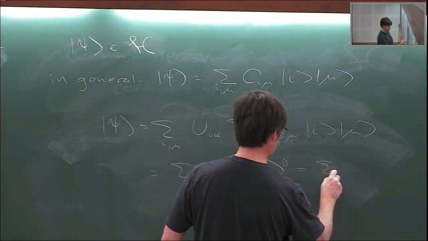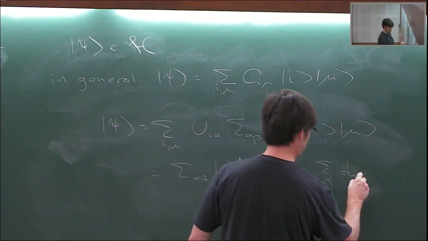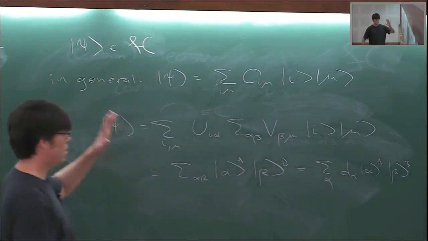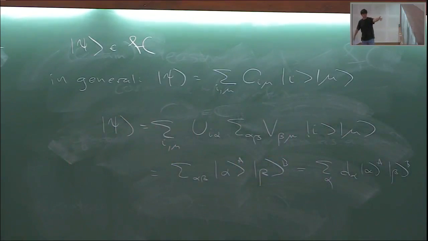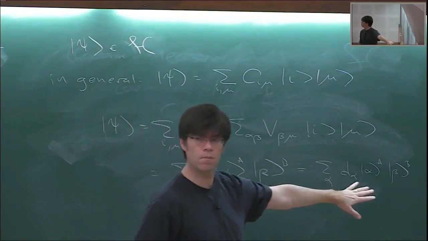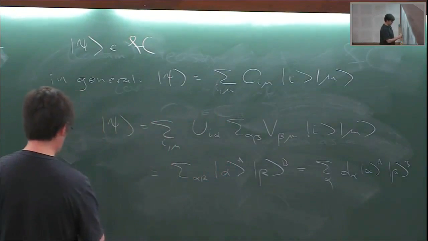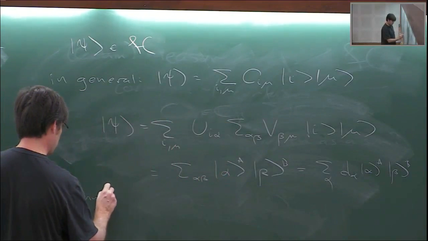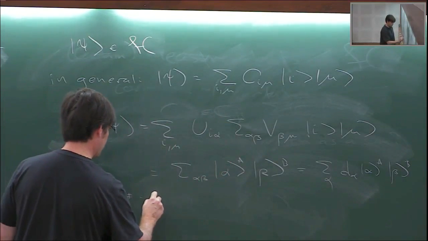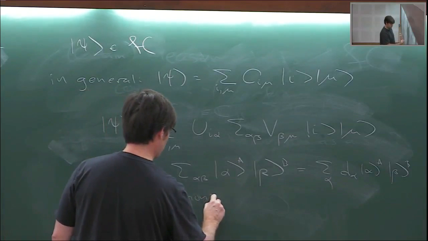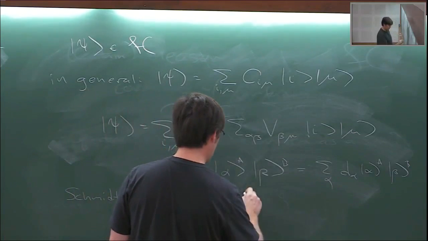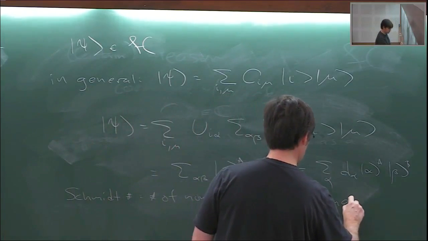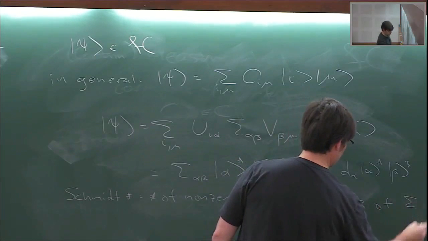And this is just the sum on alpha, because sigma is diagonal, of d_alpha |alpha_A>|alpha_B>. So I can always find a basis where I bring this state into the diagonal form. And I can now define an invariant number, which is the Schmidt number, which is the number of non-zero diagonal elements of sigma.